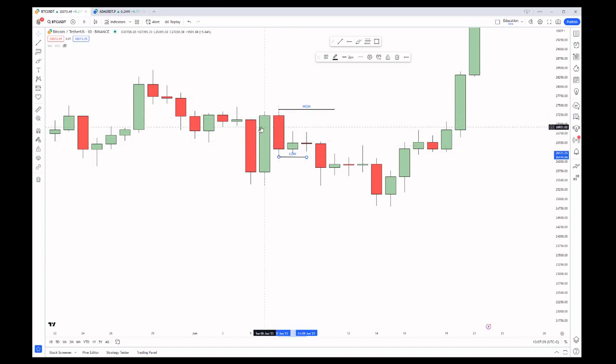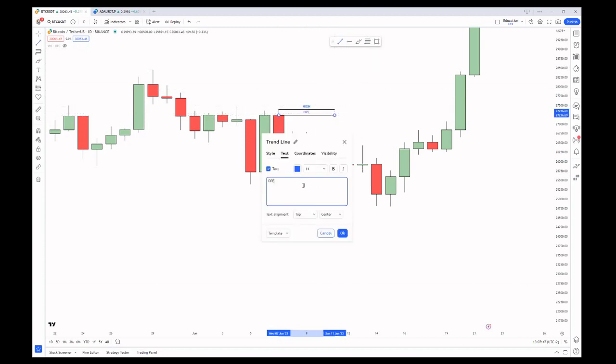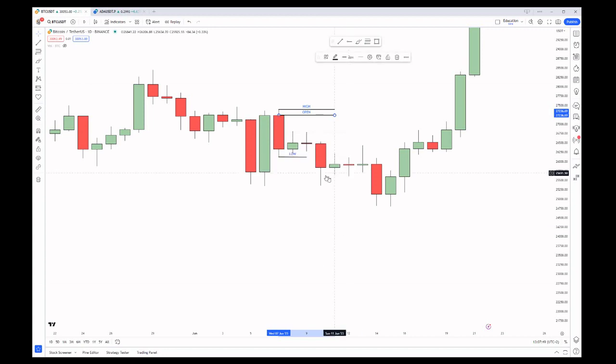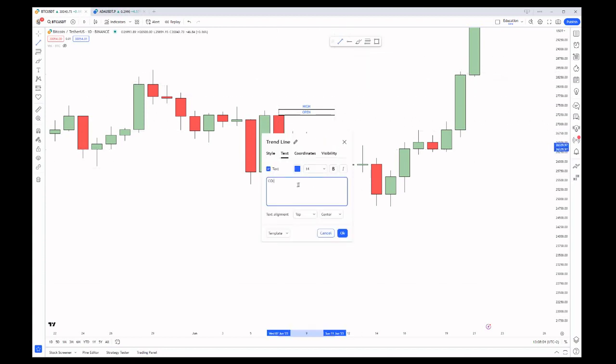So if a candle is red, the opening price will be the top line. So like in this one, the red one, you can see the opening price being here. And the closing price is the lower horizontal little line. So it's forming a block. So this is the close price.